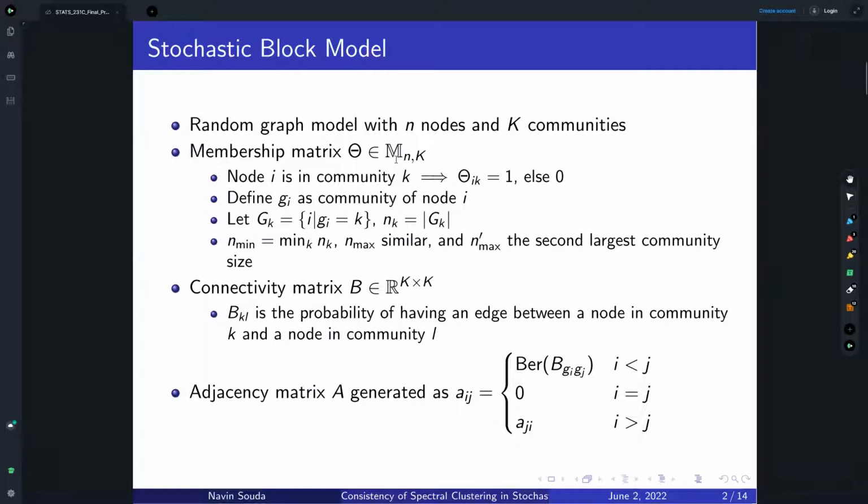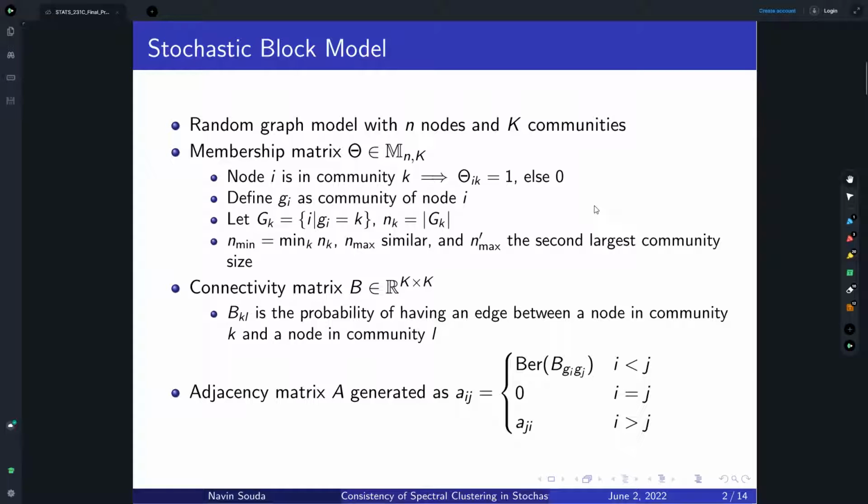If node i is in community k, then the ik entry of theta is going to be 1, otherwise it's 0. So theta just encodes the membership of our nodes of the graph into these communities. From here, we'll call G_i the community of node i, and capital G_k is going to be the collection of all nodes in some community k.